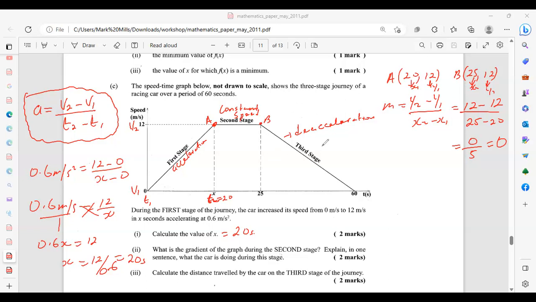Now, what you do is this: they ask you to explain in one sentence.